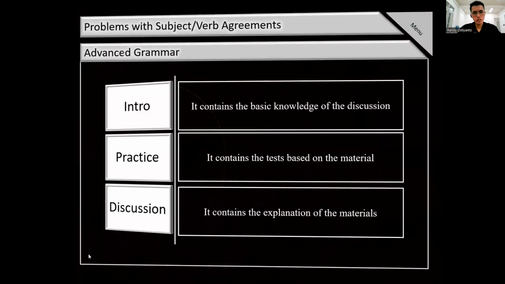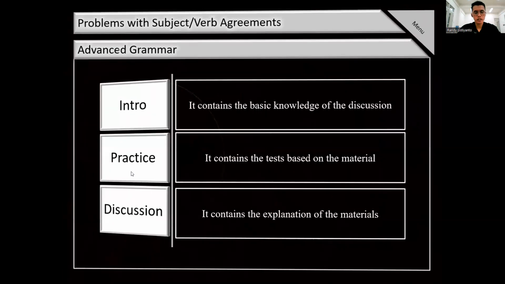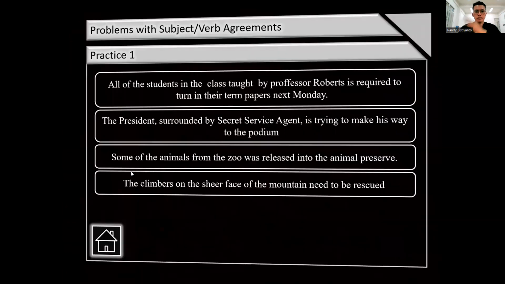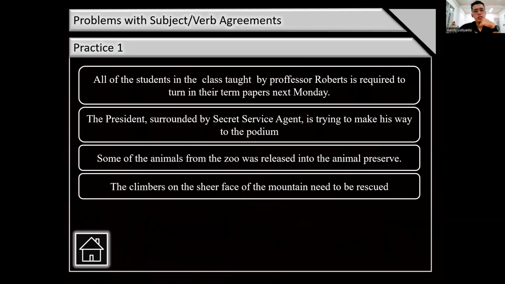Okay, let's continue with the practice. Problems with subject and verb agreement. Practice 1: please answer the questions. First of all, please write down the sentences in your book. After that, mark the subject and the verb, and then decide whether it is correct or incorrect.